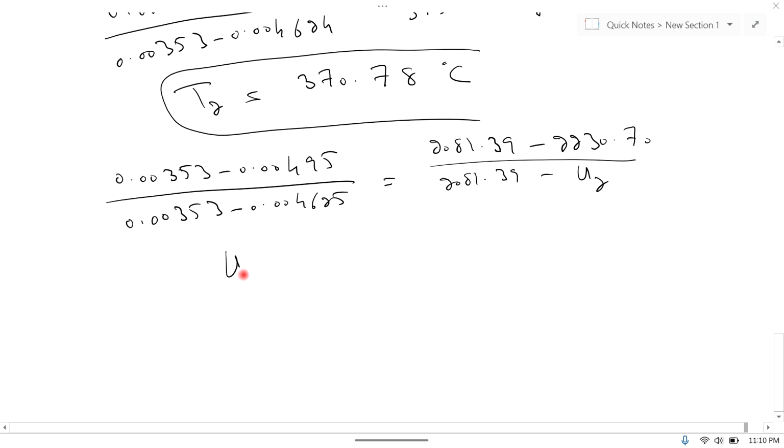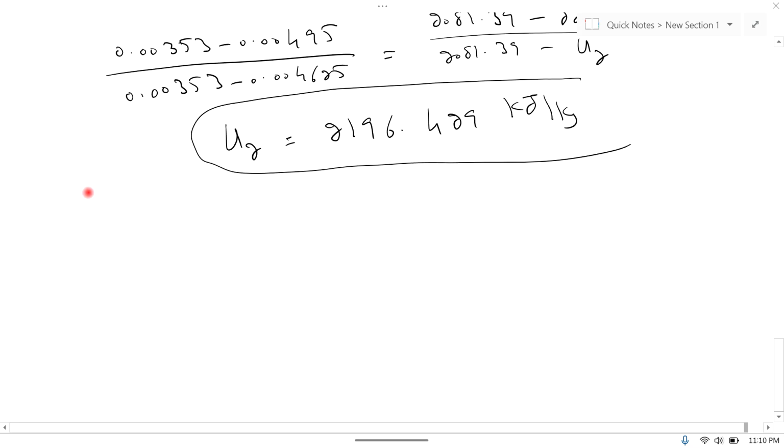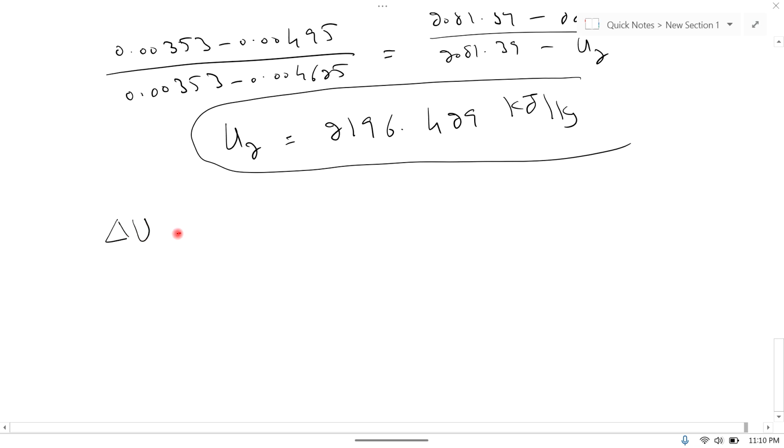So U2 is equal to 2196.429 kilojoule per kg.